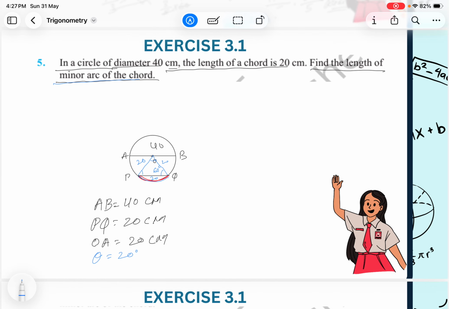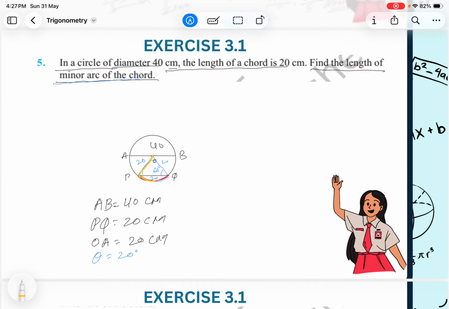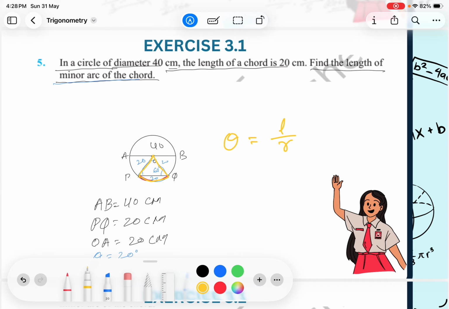Okay, so you know, if you want to find the arc, just look here, we have to focus on this area, and for that we know theta equal to L by R. We have theta 60 degree, and we need this in radian.